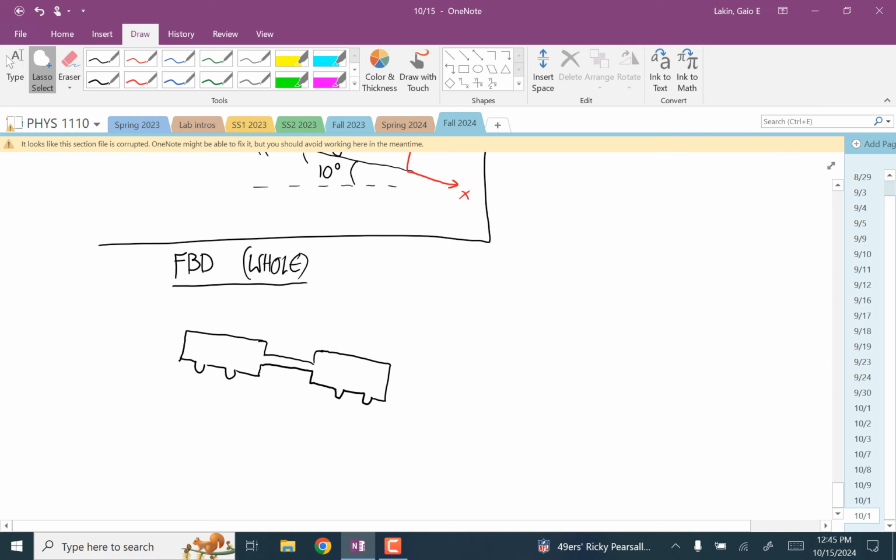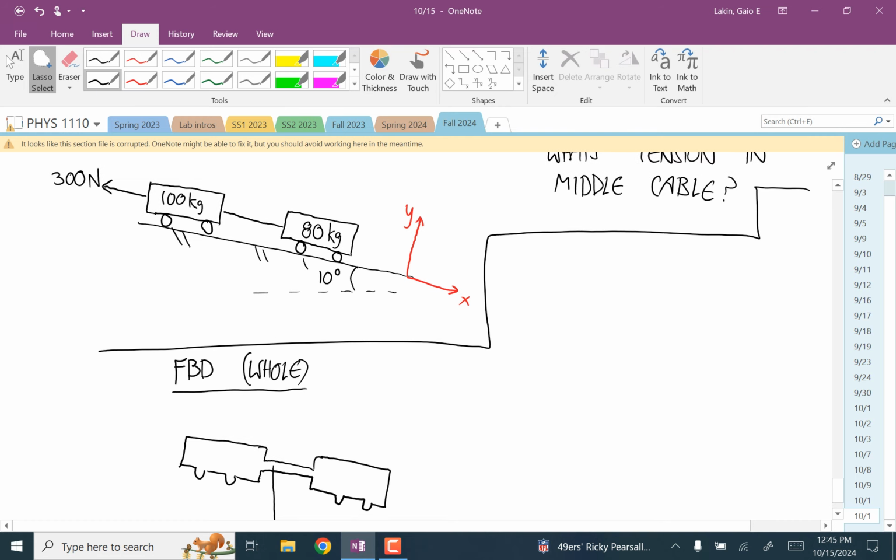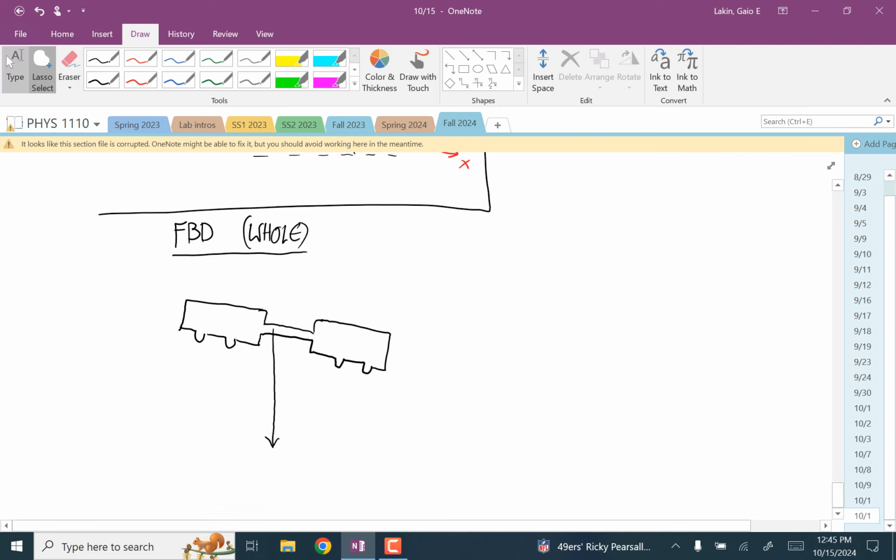Okay, so there's our free body. And the total weight force is the total mass times 9.81, so that's 180 times 9.81, so 1,765.8 newtons down.